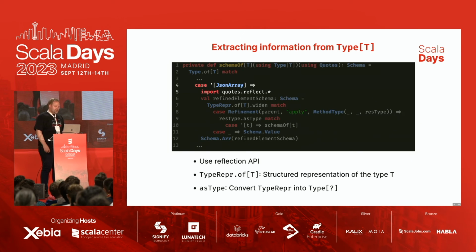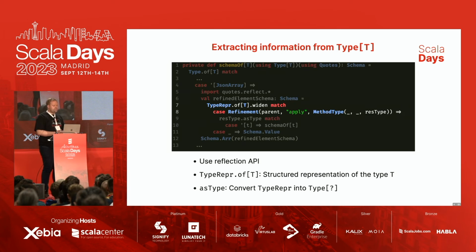And here we're going to use this type wrapper instead of type, which is basically the structured type representation of that type. This one is not parameterized by its type, so it doesn't know statically what type it is. And we widen it just to get to the refinement in case there is some indirection between the type, like an alias or some other thing, or singleton types.